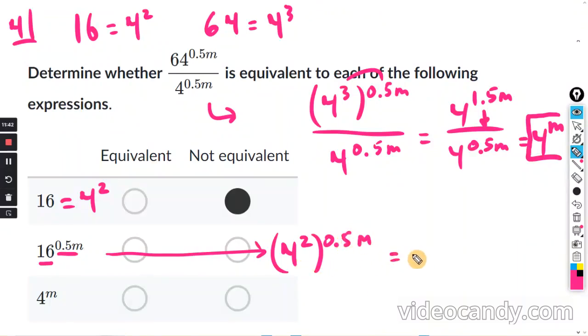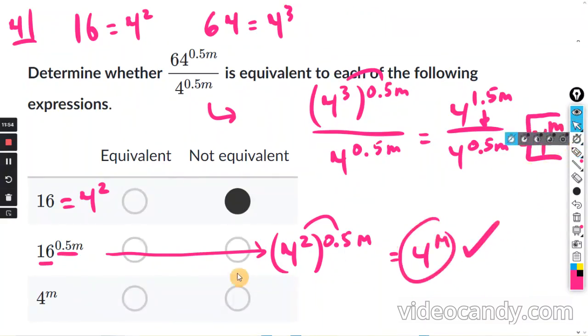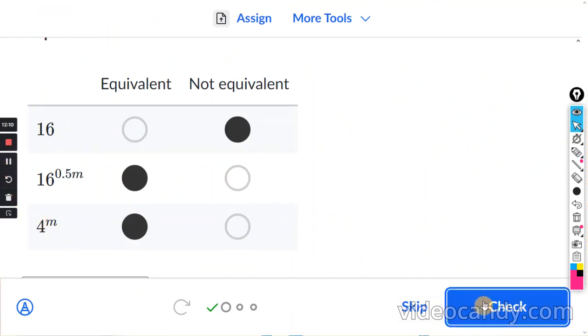Keeping the 4, multiply exponents. 2 times 0.5m is 1m, or just m. So that one matches the original, and the second one is going to be equivalent. And the third one already is 4 to the m, so we can see that one matches without doing anything. All right, so that's it.